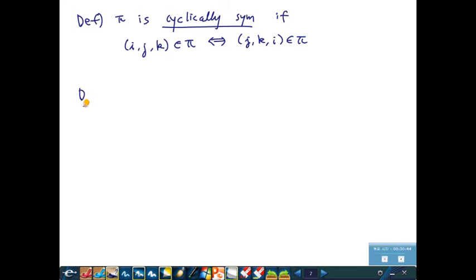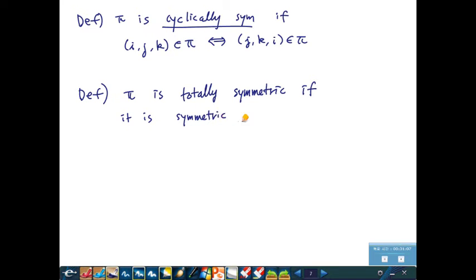Alright, now there's another symmetry, which is actually the intersection of two symmetries. Pi is called totally symmetric if it is both symmetric and cyclically symmetric.